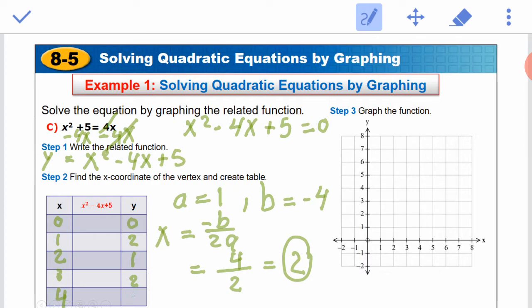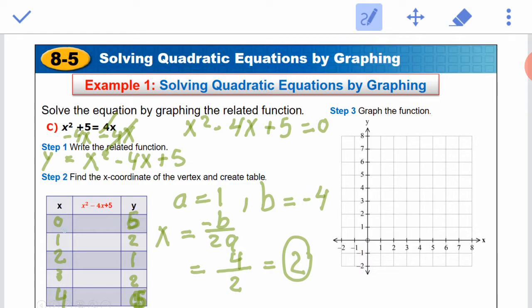It has to be 0. Let me just double check that, guys. If I put 4, it's going to be 16 minus 4 times 4 minus 16, it's going to be 5. So I made a mistake. This is 5 and this is going to be 5. I transferred the wrong value from the calculator. Now guys, everything is okay.